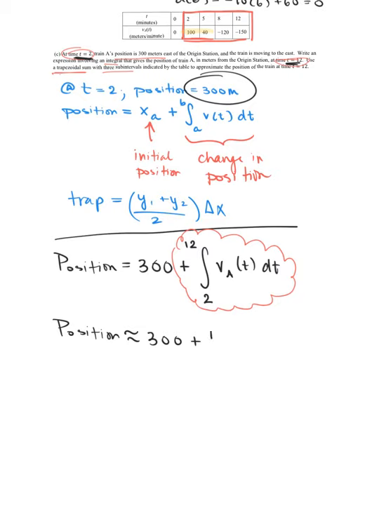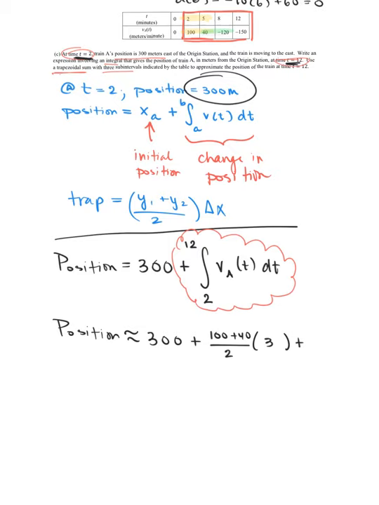So that would be 100 plus 40 divided by 2, and then I want to multiply that by delta x. So when I go to find my delta x, I'm going to take the difference between 2 and 5, which is 3, so times 3. And then I'm going to do that same thing again, and this time I'm going to take a look at the next set of values, so from 5 to 8.